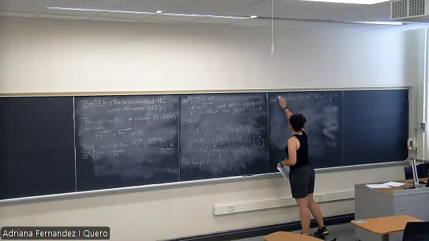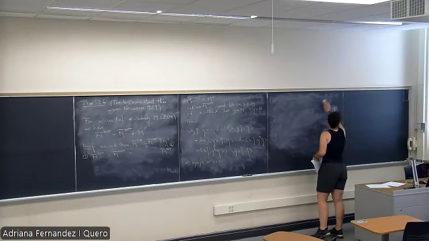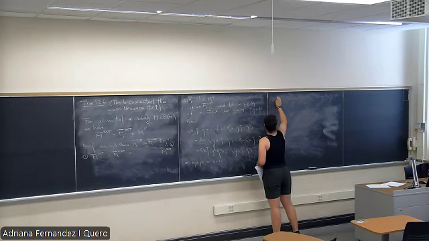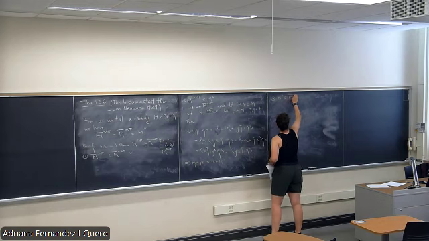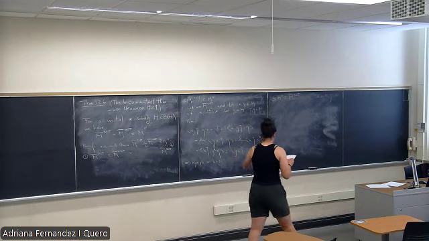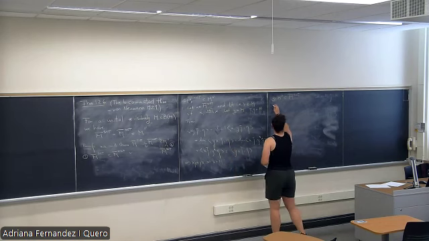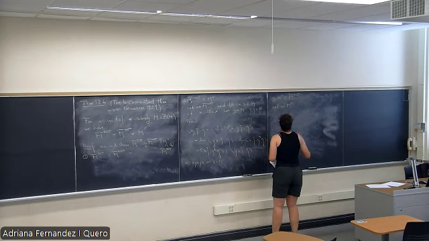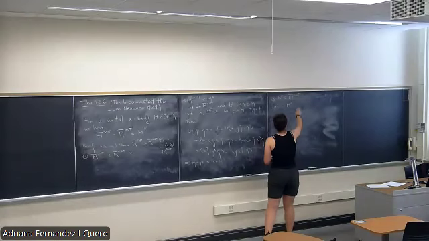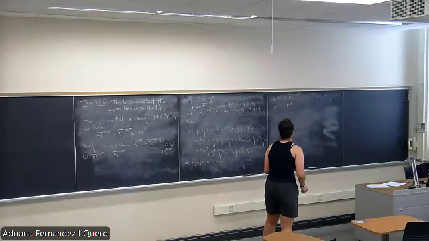And now we have the harder containment, which is the last one. That means we want to show that the double commutant is in the strong operator topology closure. Okay. So let x be in this double commutant. Now we want to show that x is in the closure of the strong operator topology.